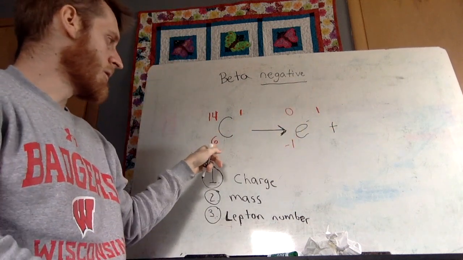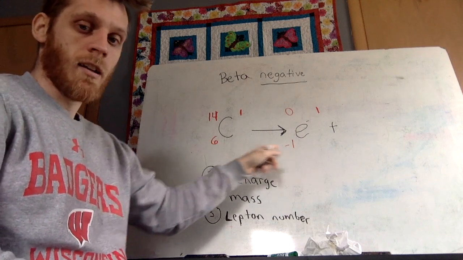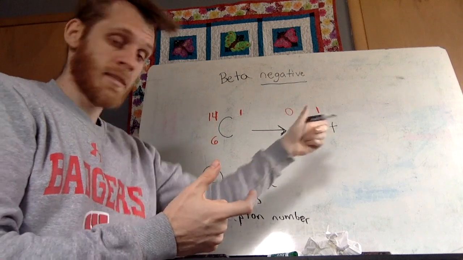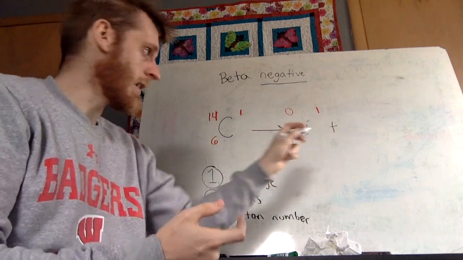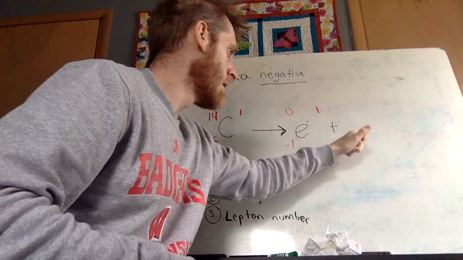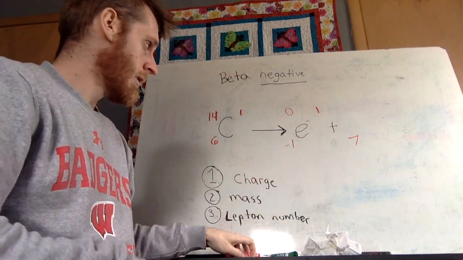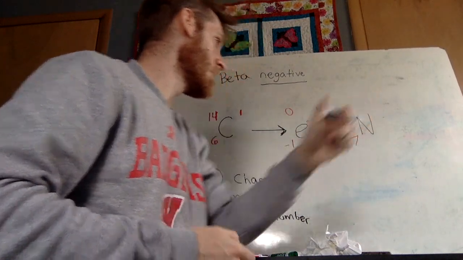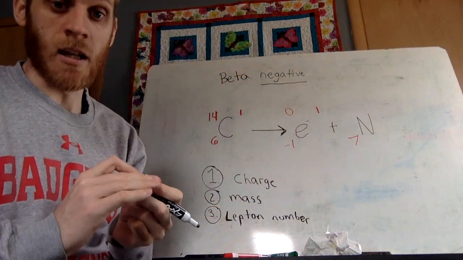First thing I want to do is balance the charge. The charge is 6 on this side, -1 on this side, so I need to add 7 to this side because 7 minus 1 is 6. So I'm going to add 7 in red here, and we're going to get nitrogen. Now this reaction actually occurs quite a bit in nature. This is where carbon-14 dating comes from.